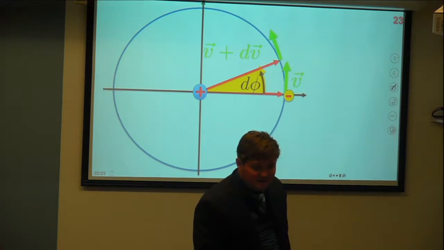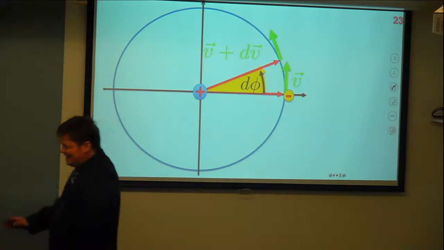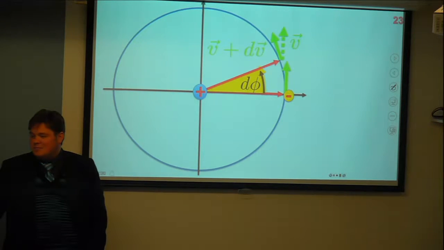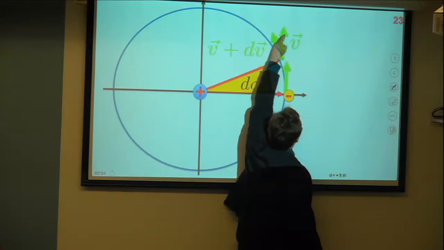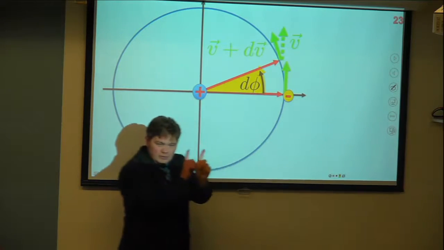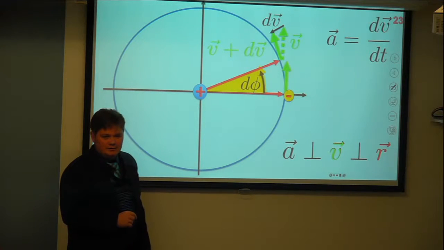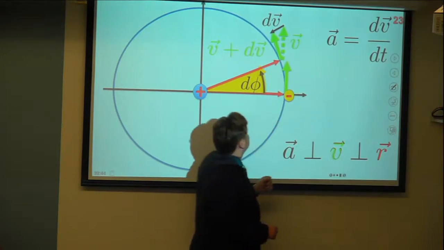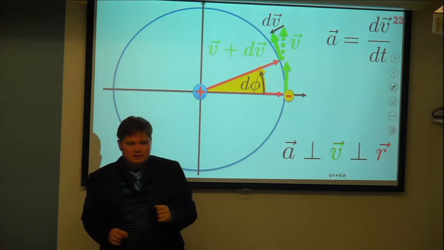That's what I said initially. Okay, acceleration. So if you translate this vector and just connect these two arrows, it will be this dv, right? Which is acceleration.